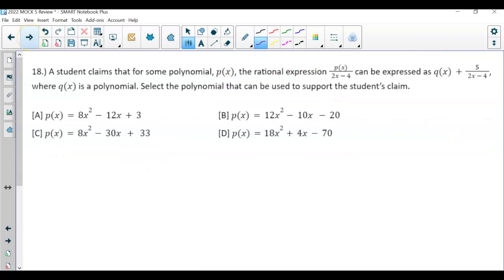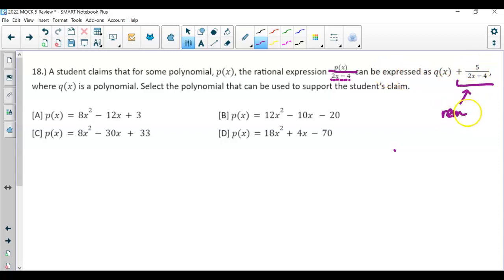Now, 18 is also here. You're given that a polynomial P of x is being divided by 2x minus 4. It says that the answer after dividing by 2x minus 4 can be expressed as some answer q of x, but with plus 5 over it. Now, whenever we wrote our answer and we had this extra fraction over what we divided by, what did this always represent?